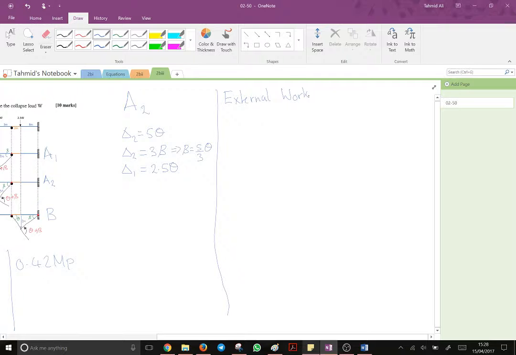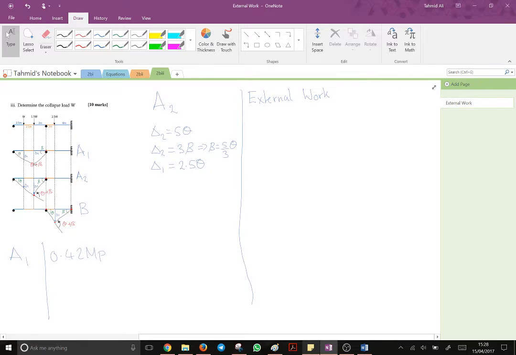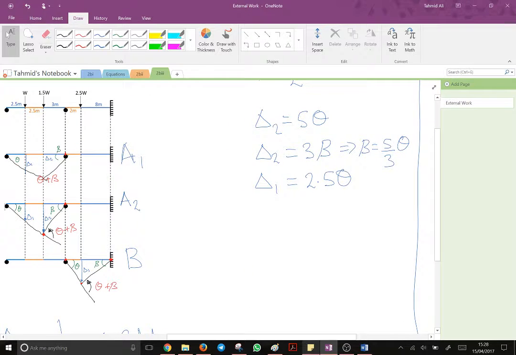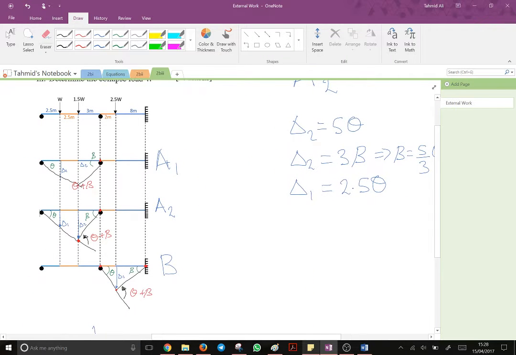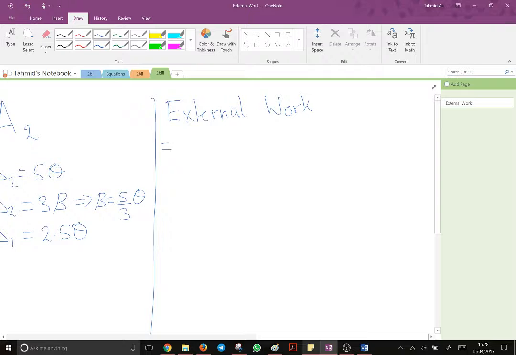The external work in this case is going to be similar to what we had previously: delta 1 times W and delta 2 times 1.5 W. So external work is going to be equal to W delta 1 plus 1.5 W delta 2.